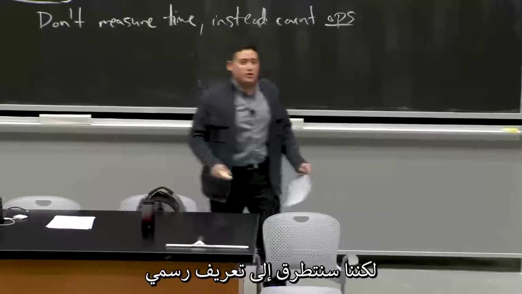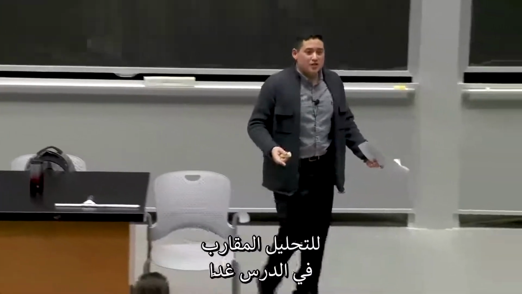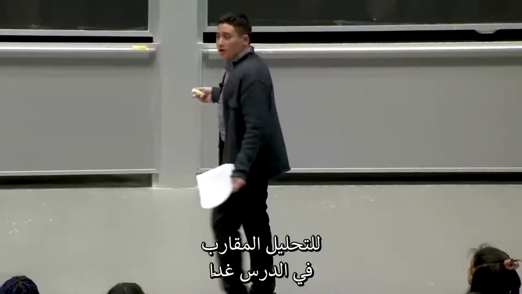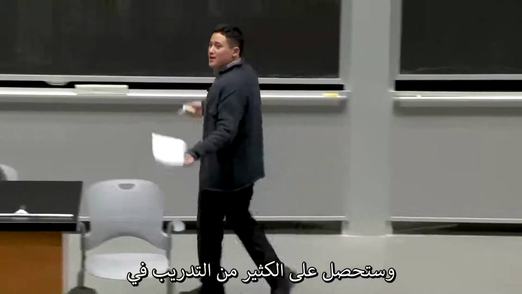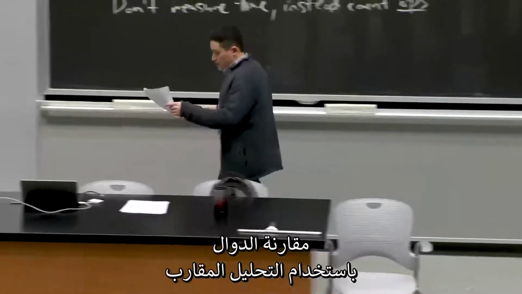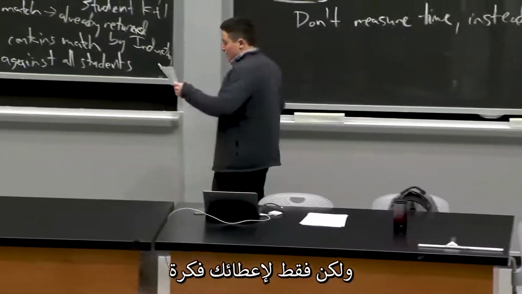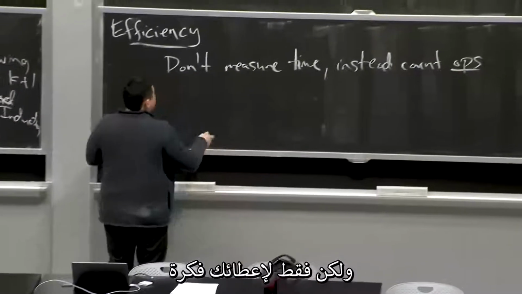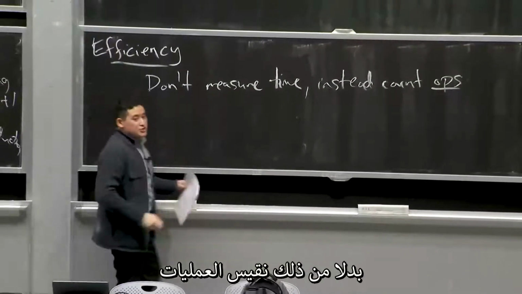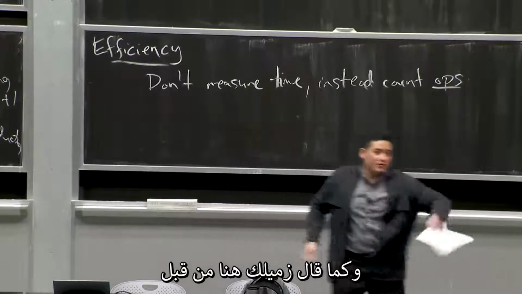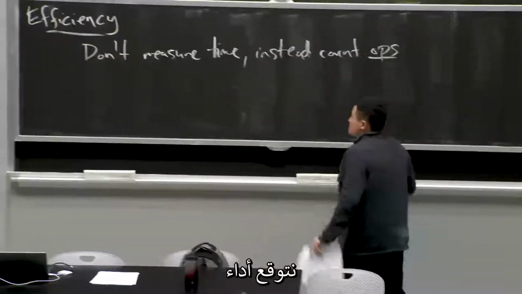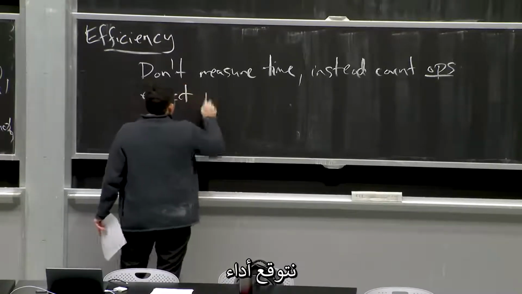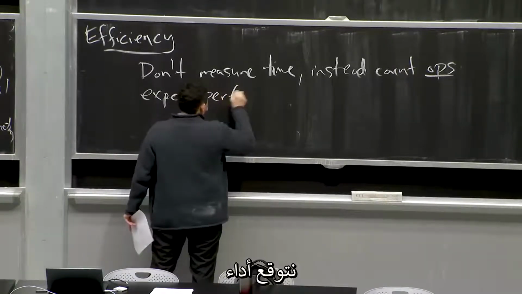But we will go through a formal definition of asymptotic notation in recitation tomorrow, and you'll get a lot of practice in comparing functions using an asymptotic analysis. But just to give you an idea, the idea here is we don't measure time, we instead measure ops, and like your colleague over here was saying before, we expect performance.